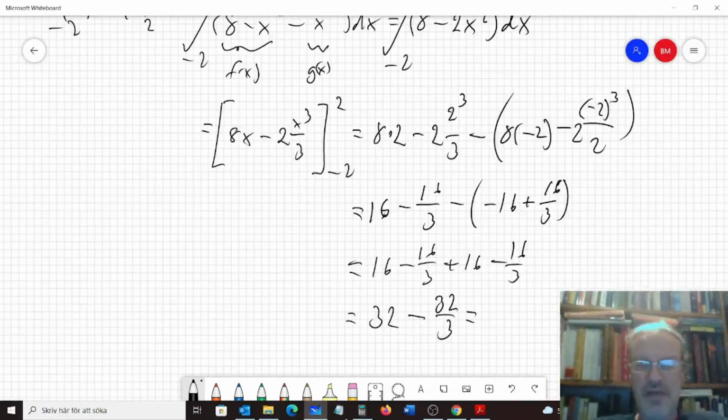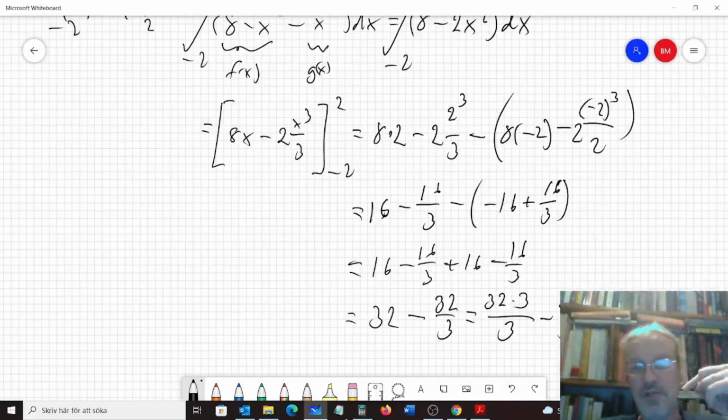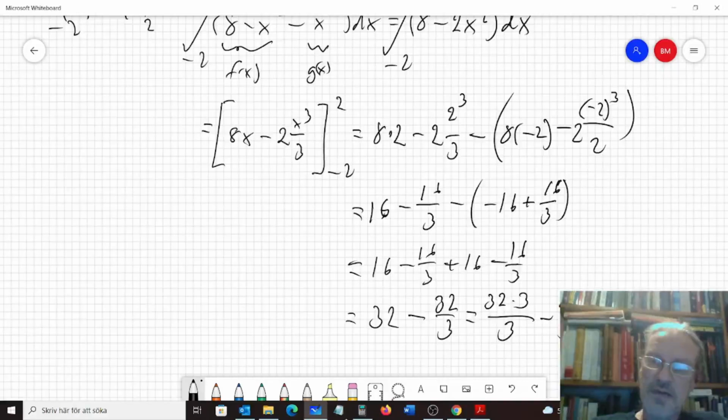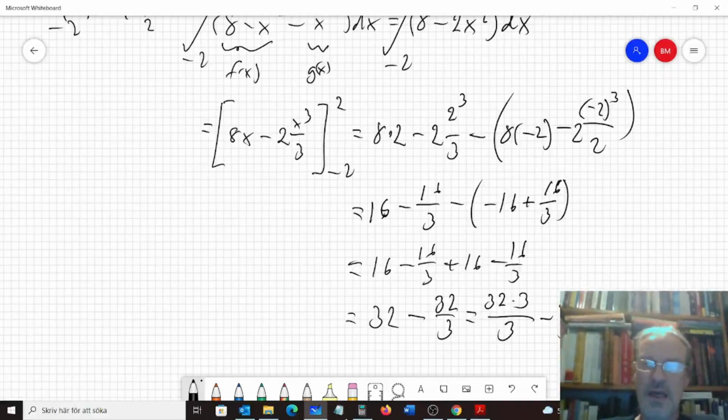Write in everything in thirds. 32 times 3 over 3 minus 32 over 3. 32 times 3 minus 32. That will just give us 64, right? Over 3. And we might notice that this is twice the answer on a previous integral we did.